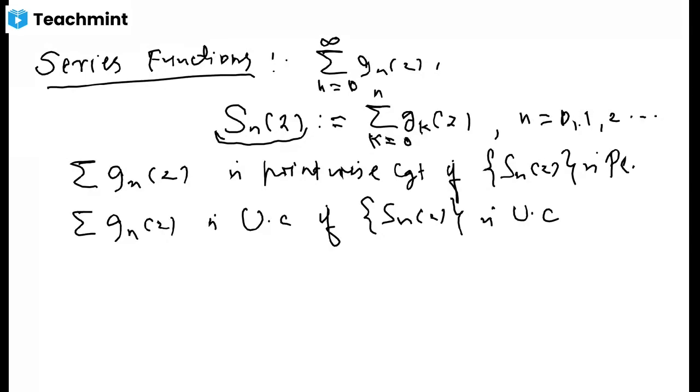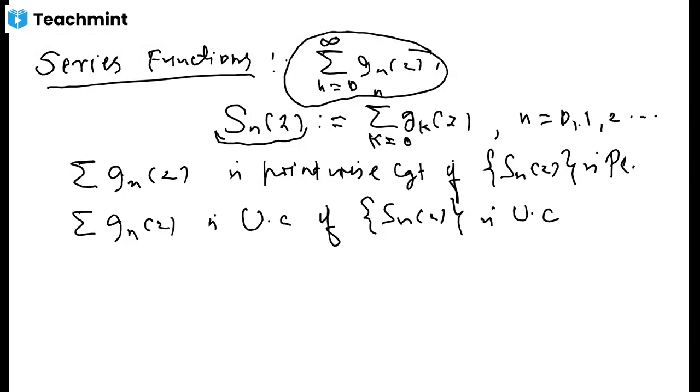So s_n(z) will be a continuous function, and if the series is uniformly convergent, meaning the s_n(z) sequence is uniformly convergent, then the limit will be a continuous function. Again, in the case of pointwise convergence of a series, you may not have preservation of continuity and interchange of integral and summation. The limit of this infinite series is denoted by this infinite sum.